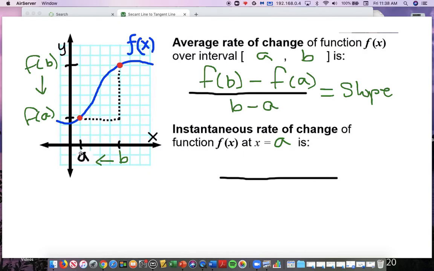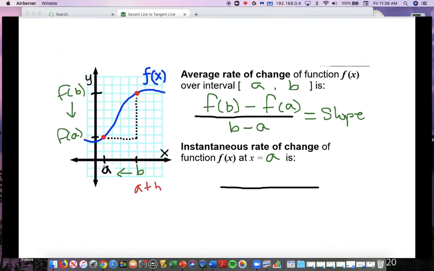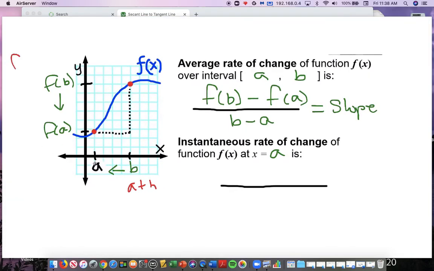We're going to call this a plus h, which would mean this is f of a plus h. But in our case now, we're going to try to move this point closer and closer that way. So we're going to use the limit as h goes towards 0.